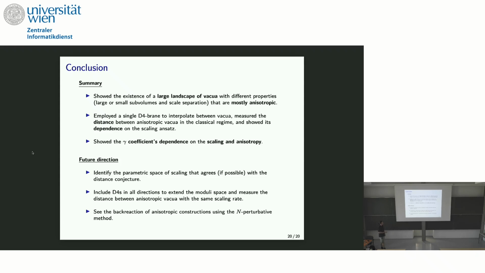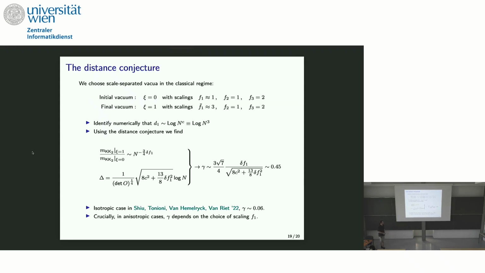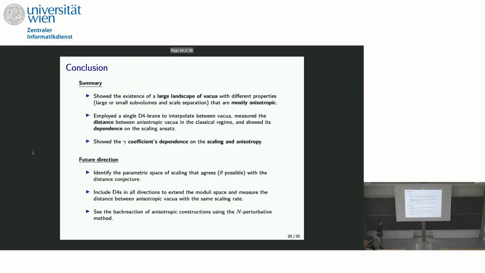In this case, the moduli space will become way more complicated, but I have performed a very sloppy calculation, and I have seen that in this case, it is easier to find values for gamma which are closer to 1.